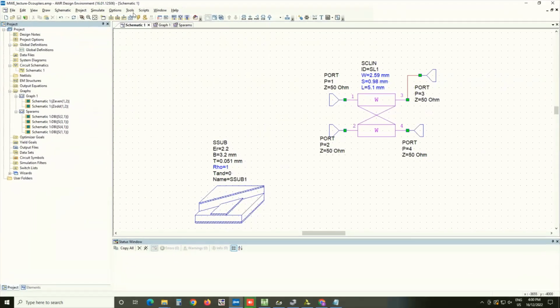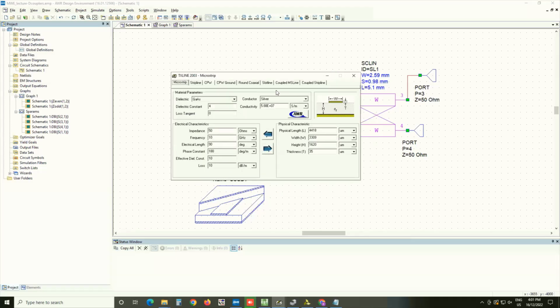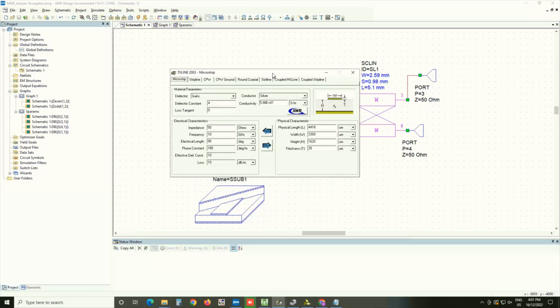Okay. So let's first go to TX line and go to coupled strip line. So here, dielectric constant is 2.2.